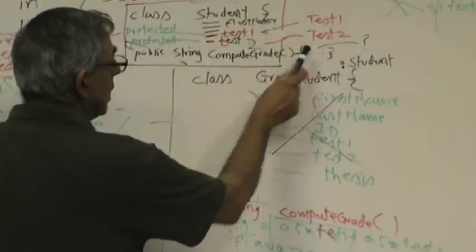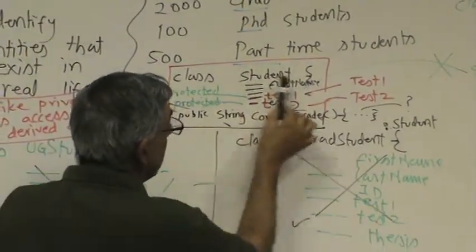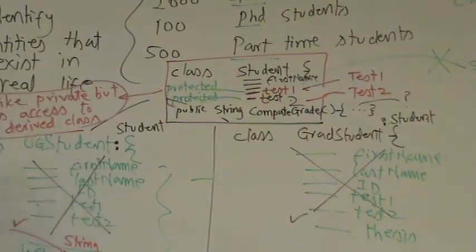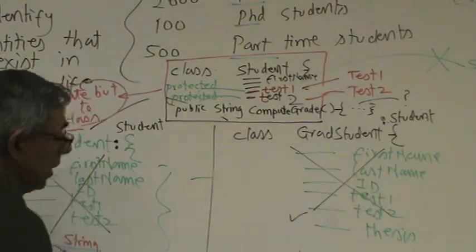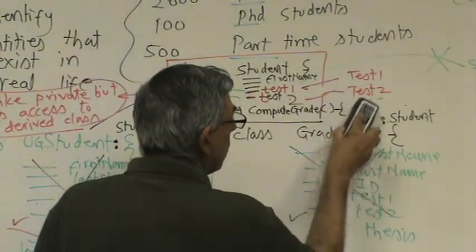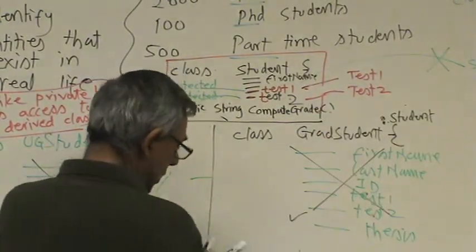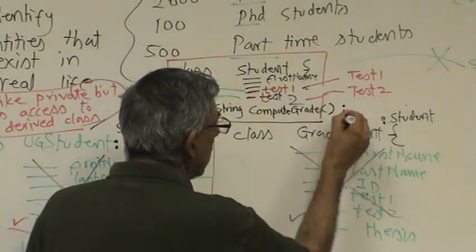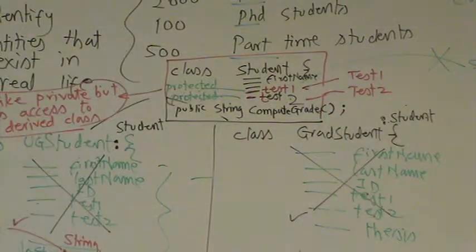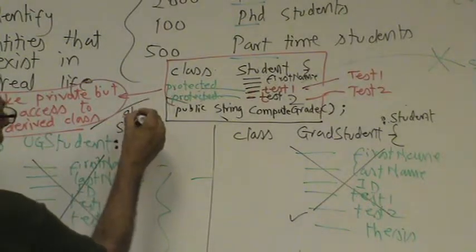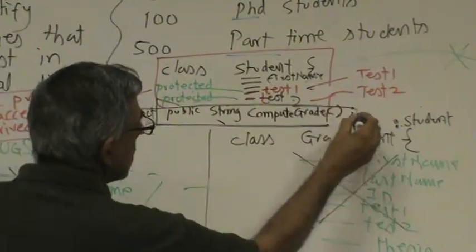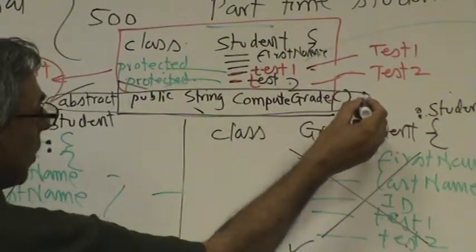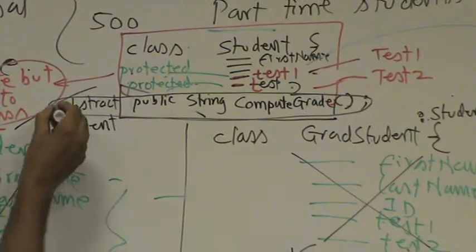So since we have no clue at this point what type of student it is, does it make any sense to put any code over here? No. So we cannot put any code over here. Okay, whenever a method has no code in it, the rule is we will mark it as abstract. So abstract, if you write before a method, it basically means no code in the method.